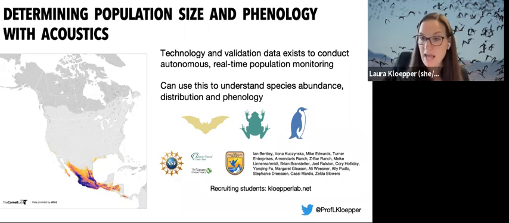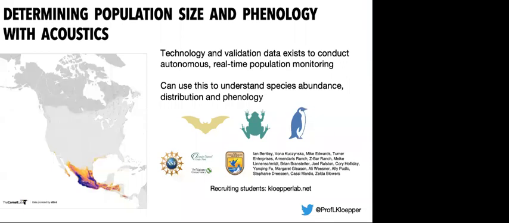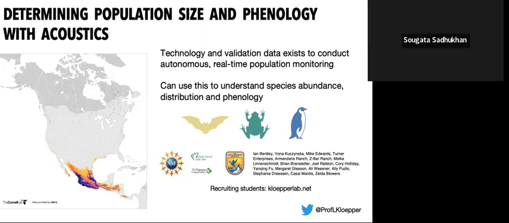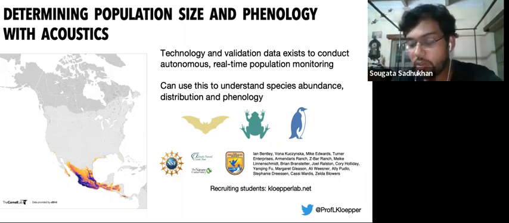Someone asked, has anyone tried ASCR for penguins? I don't know what ASCR is. I have no idea. I have no clue. Does anybody know what that is? So acoustic spatial capture recapture. Basically they place multiple microphones, and by detecting the location of the animal, it can be used for calculating the distance.